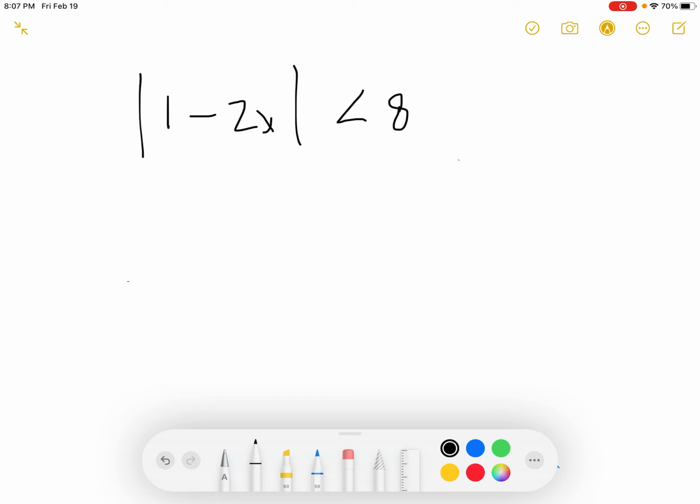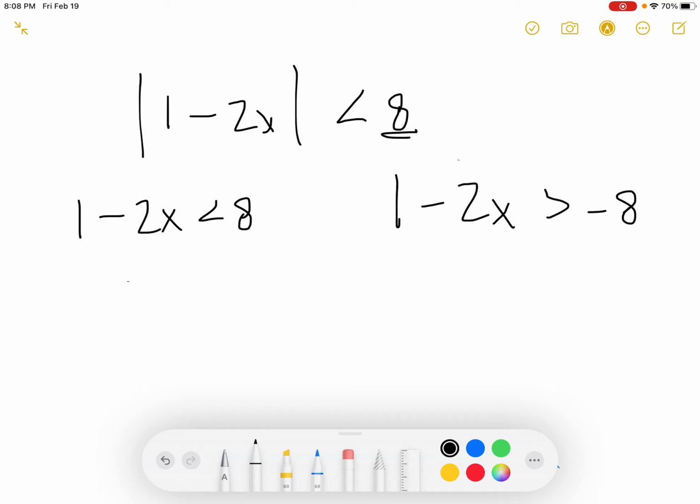Already done. Now we do two different inequalities, but this time we flip it. We flip the inequality for the second one and change the sign to whatever's on the right side. Then we would solve.